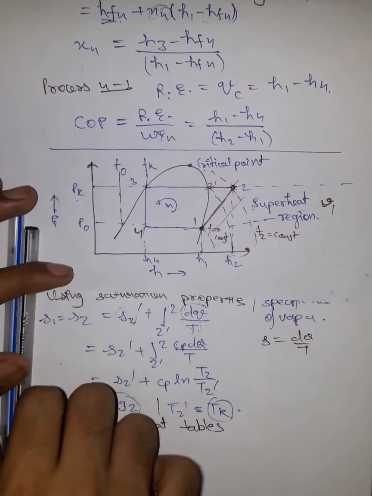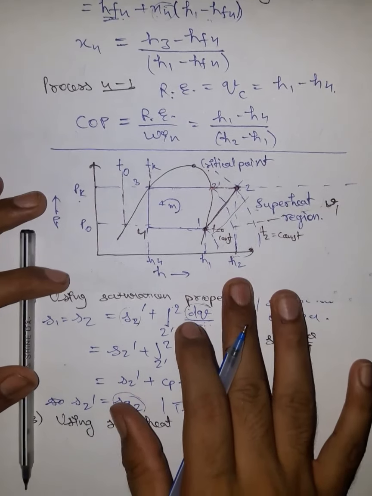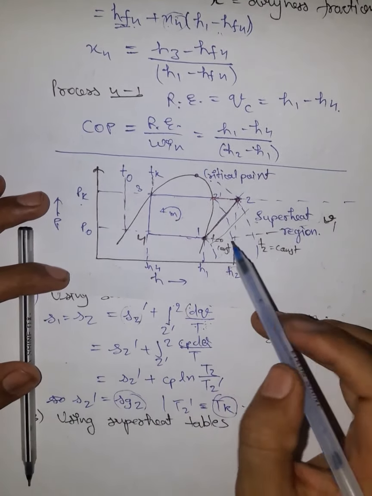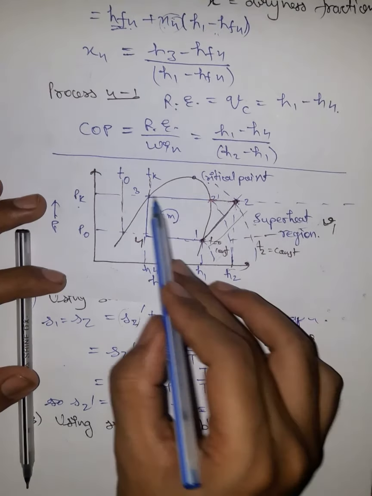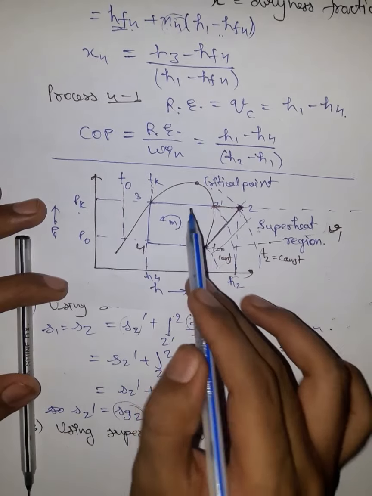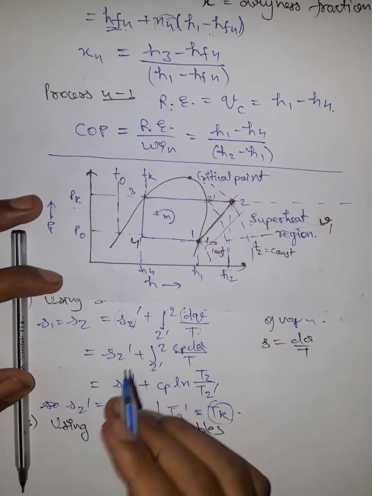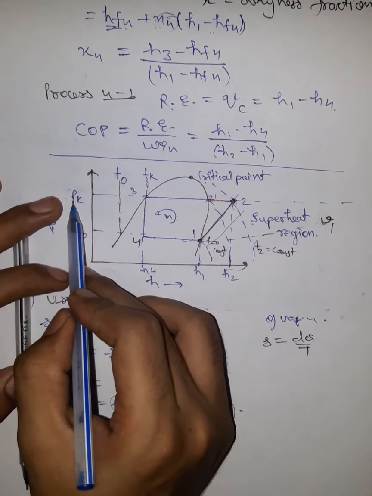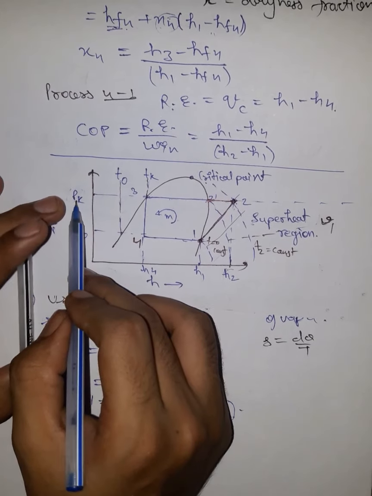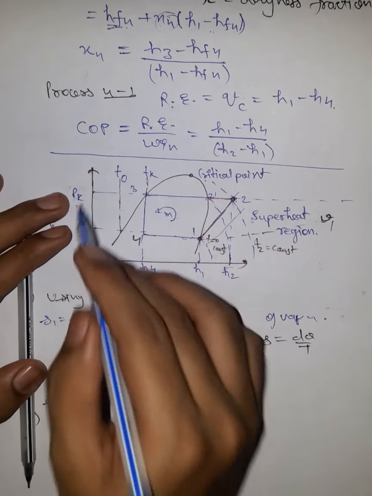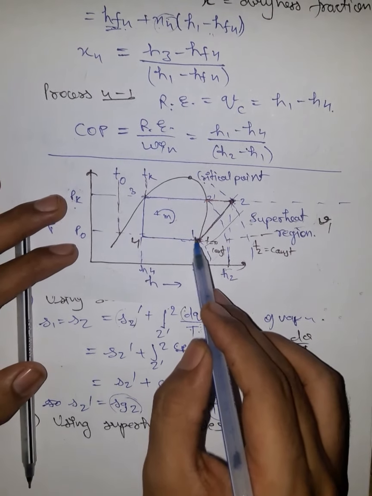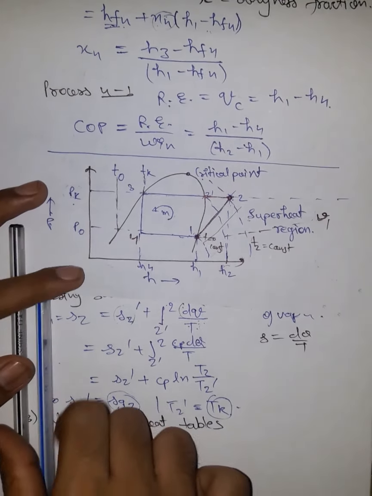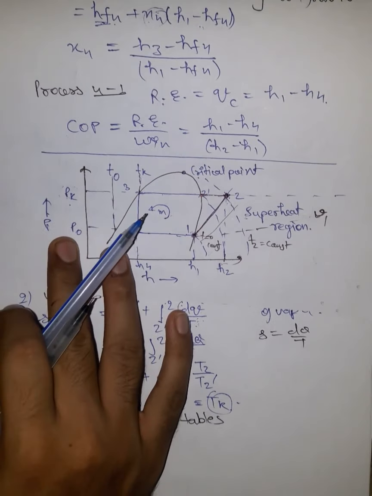How will you find that? We would be knowing the specific entropy over here, and we would be knowing the pressure from this diagram. So we will look into those tables for the condenser pressure Pk, and when this pressure comes we can look under this pressure column for the entropy which is equal to S1, and the rest of the properties will be read from that table only.